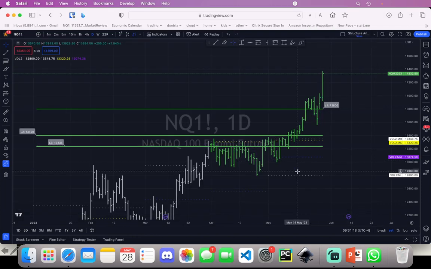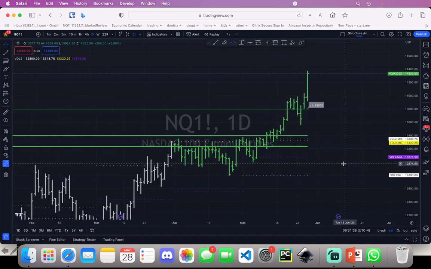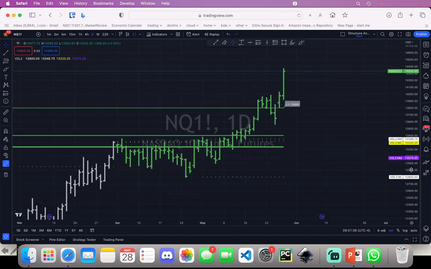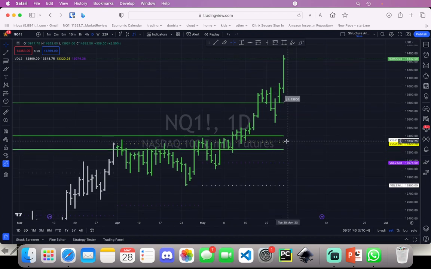Okay, so as you see here, up to May 10th nothing happened. On May 10th, it broke the previous month high, which is the white dotted line here. It broke above that on May 10th, a very good break above the previous month high, and then after that it never came back.